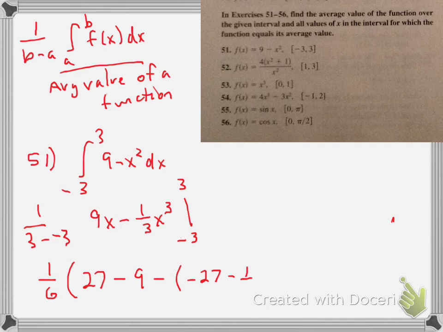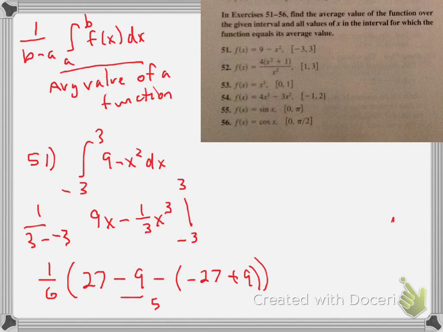Minus 1/3 times -3 to the third, which, if we change the sign, -3 to the third is -27. That makes that -9, but there's a negative with it, so it's +9. -9 and -9 is -18.